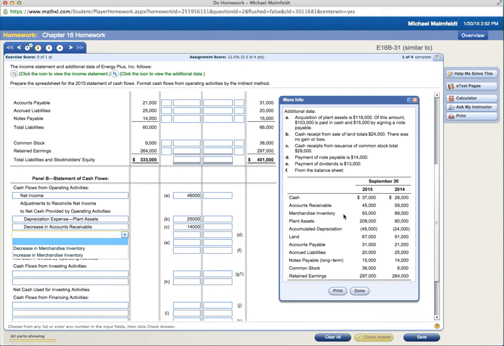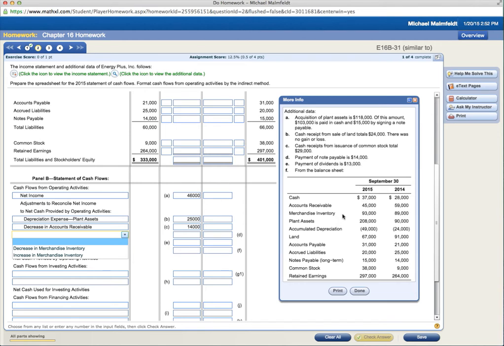Okay, if this inventory was all purchased with a note payable or some type of liability, then this wouldn't affect cash and it wouldn't go under this section. But we have no information here that suggests that this inventory purchase was made with any type of loan. So that tells us that this was made with cash.